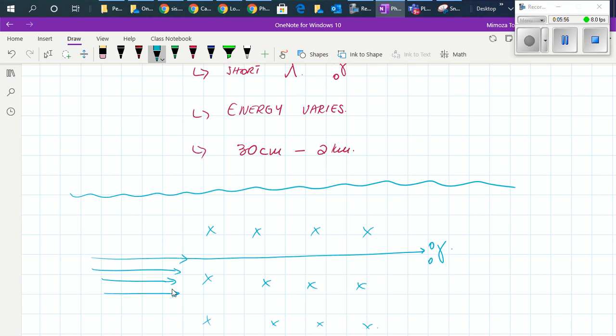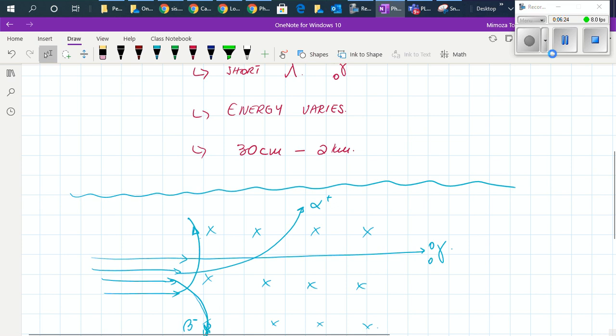Alpha particle will go up. Beta negative will go down. And beta positive will go up with the same radius as beta negative, because they are antimatter of each other.